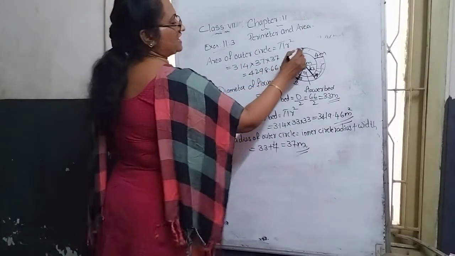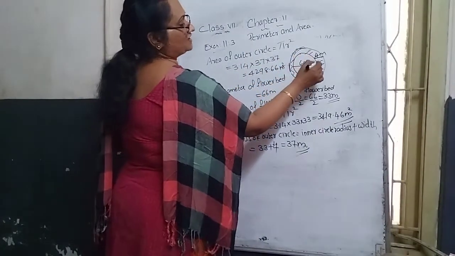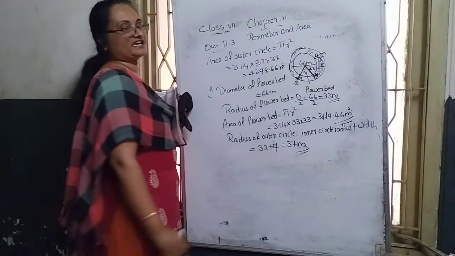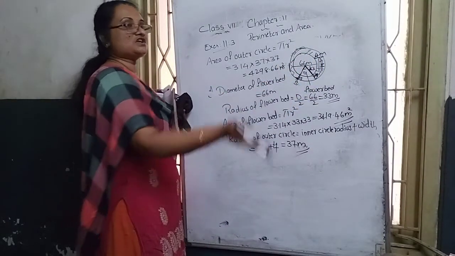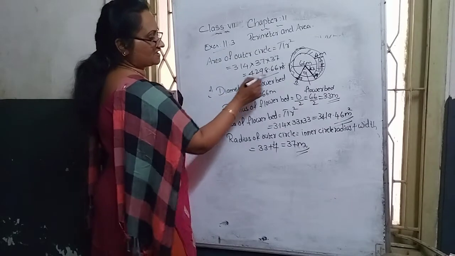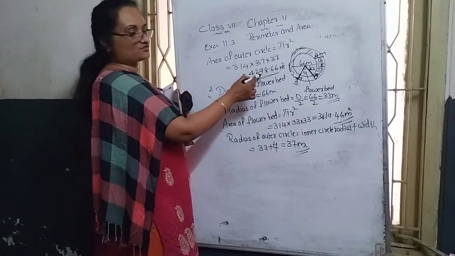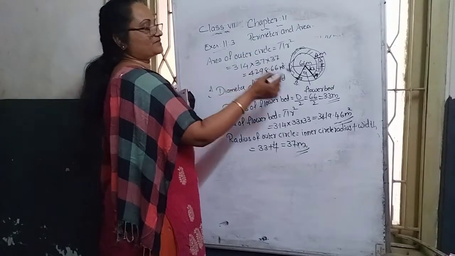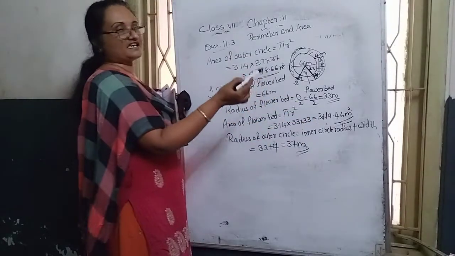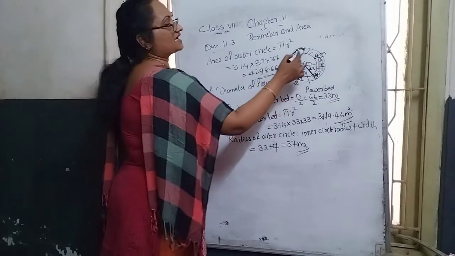Our aim is to find the area of the remaining part, the walking path area. How do we get the walking path area? The outer circle area is more. See, this area or this area is more? The outer circle area is more. The outer circle area is subtracted with the inner circle area and we get the walking path area.